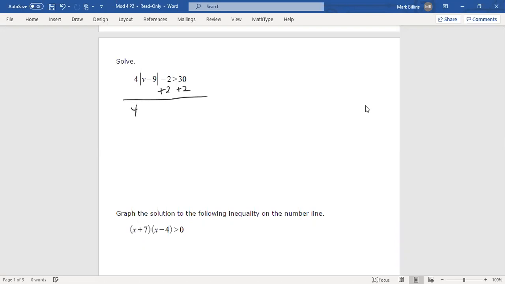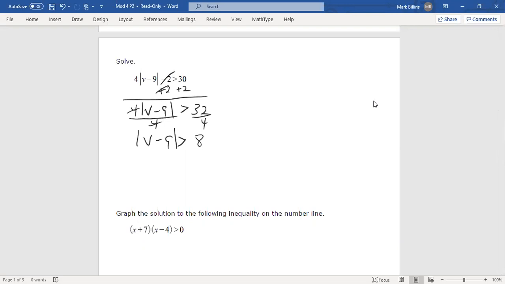So 4 times the absolute value of v minus 9 is greater than 32. And then remember, we're dividing by 4. Since we're dividing by a positive, the sign does not change directions. 32 divided by 4 is 8. And here the 4 reduces and leaves us with the absolute value of v minus 9.